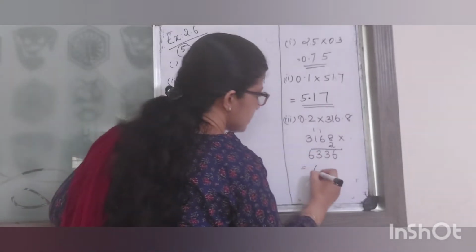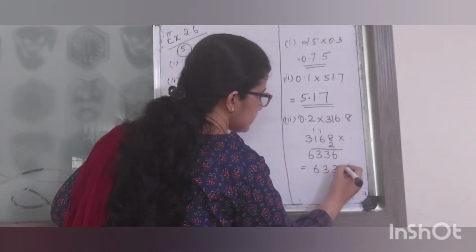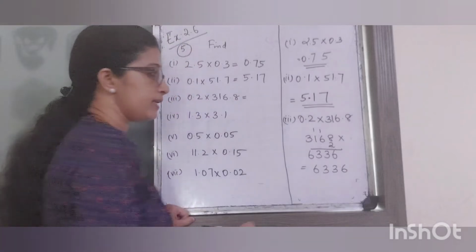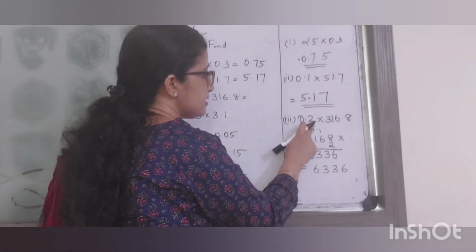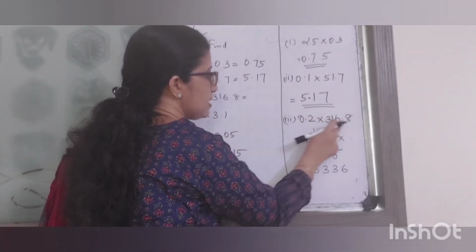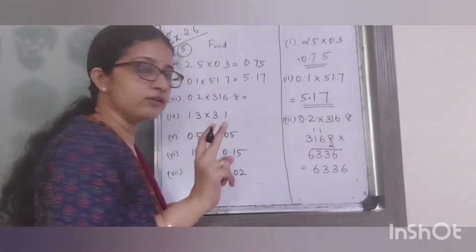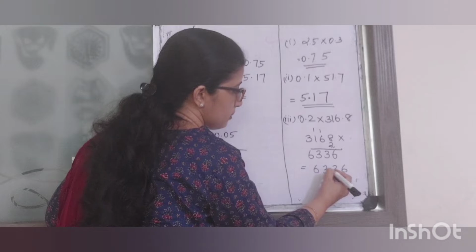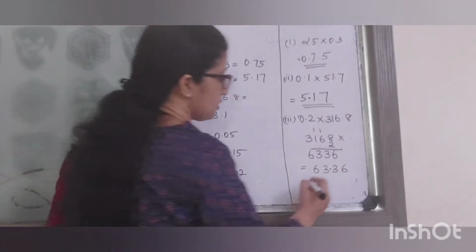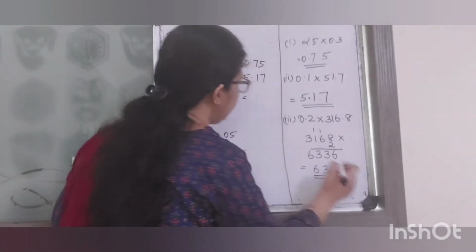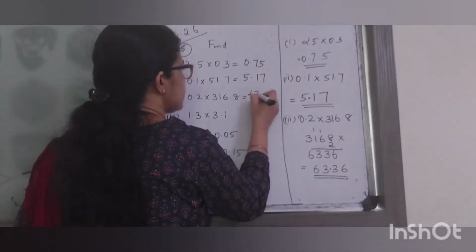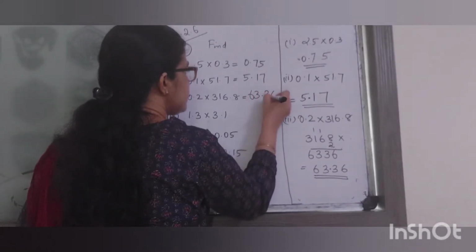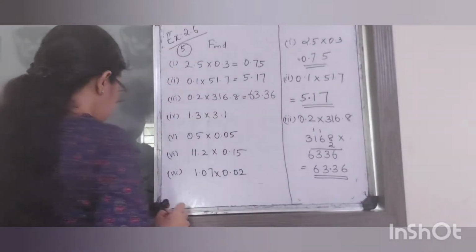So the answer is 6336. Now where should we put the decimal point? Here one digit is there, here one digit is there. So 1 plus 1, 2 digits should be there to the right of the decimal point in the answer. So we should put the decimal point here. Okay, so the answer is 63.36. This is the answer.